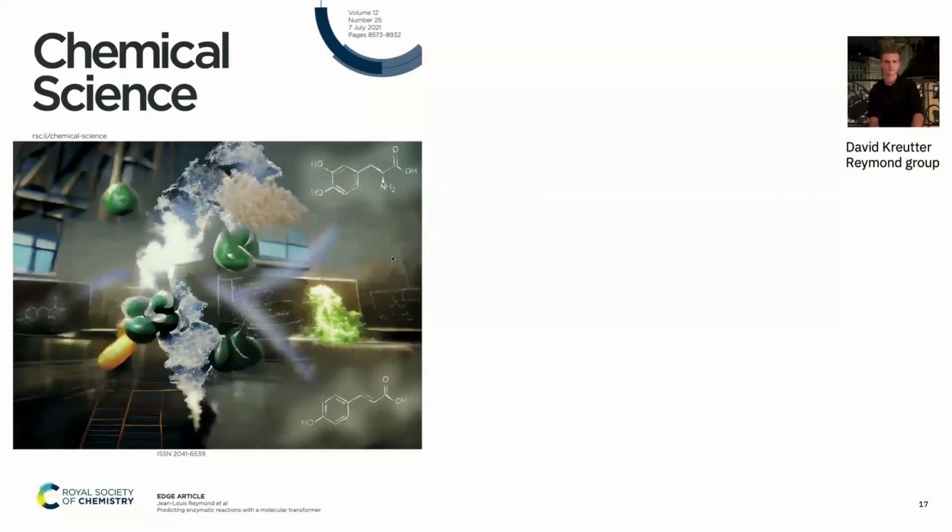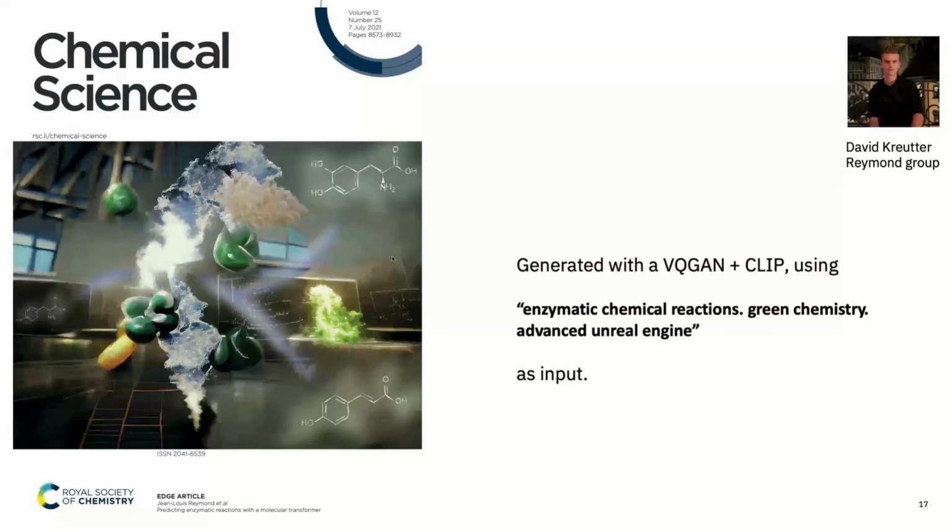As a side note, David's paper recently even made the cover of Chemical Science, and I just want to tell you the story behind this cover, because it's probably the first ever cover that was designed by VQGAN and CLIP models using the Unreal Engine.